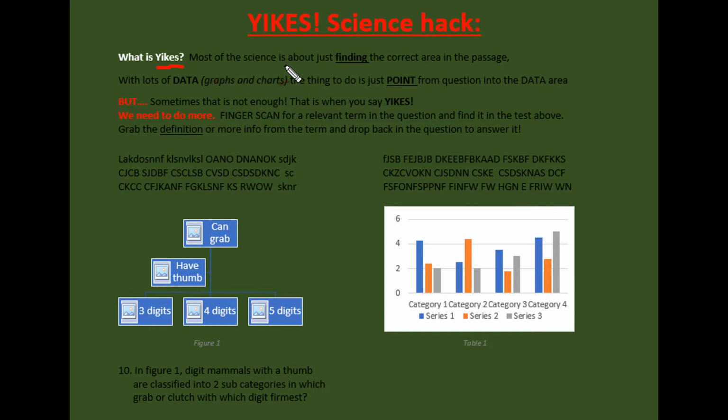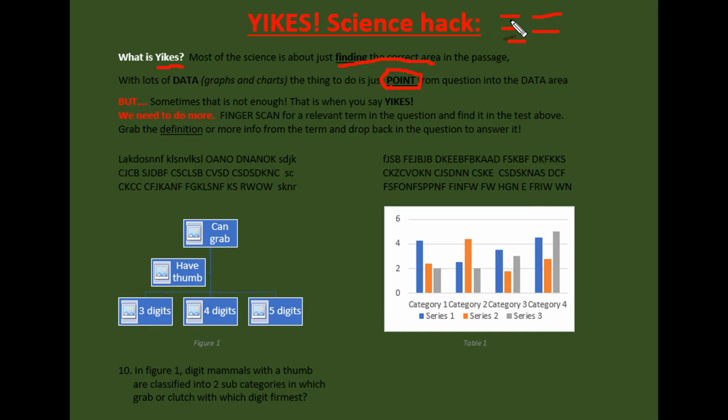Most of the science that we're going to be dealing with is just really finding the correct area in the passage. And how do we usually do that? We usually do that by simply pointing. You have your question, you underline what's relevant in the question, which includes the location, and then you simply match up with two hands.